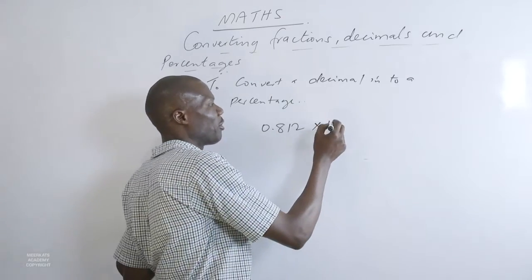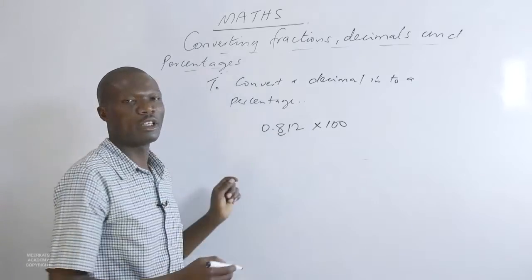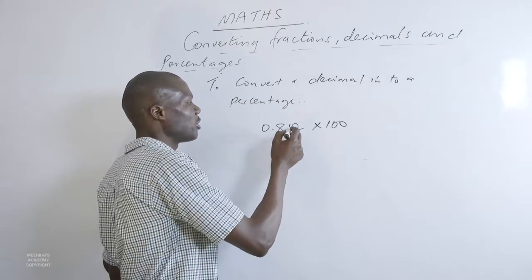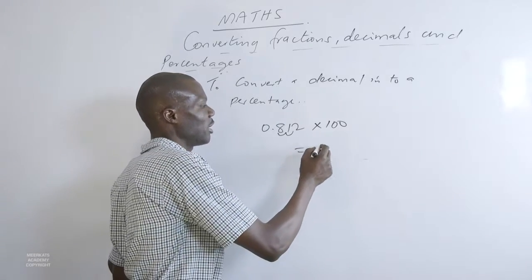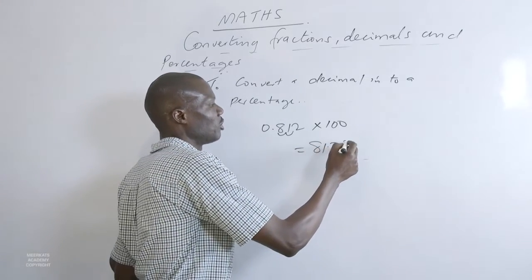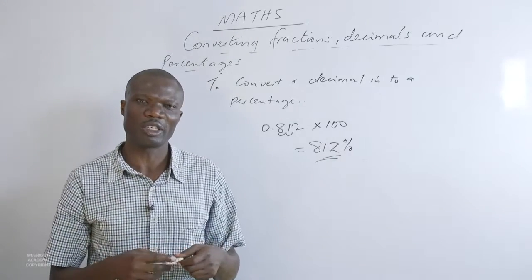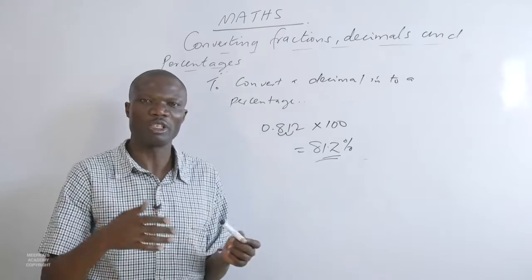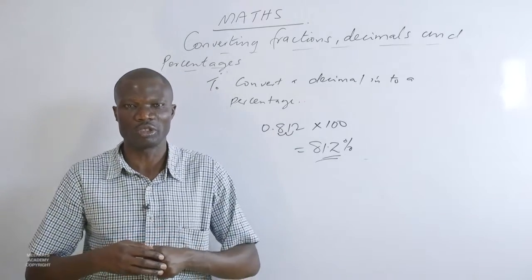When you multiply by 100, the decimal point will move 1, that is 8.1, and move further between 1 and 2, that is 81.2. So the answer is 81.2, and you put a percentage sign. That is how we convert a decimal into a percentage. And you've seen how to convert a fraction also into a percentage.